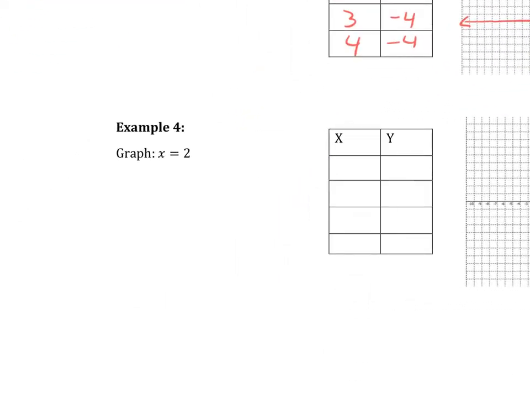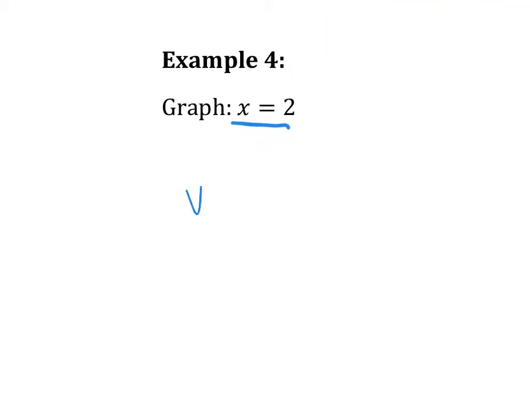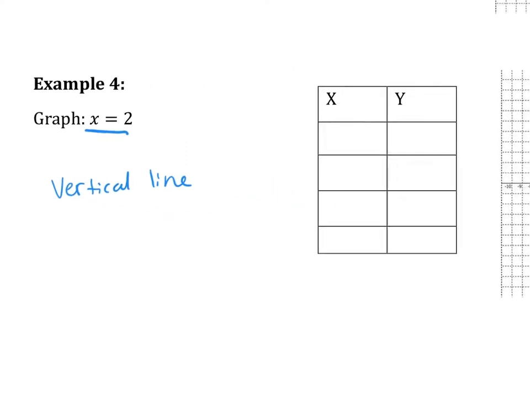Then example 4, this one is just x equals a number. There is no y. When it's just x equals a number, this is our vertical line. This one you cannot plug into your calculator because there is no y. So you can't use your calculator to help you for this one, so you just have to be able to recognize when you have x equals a number, that means you have a vertical line.